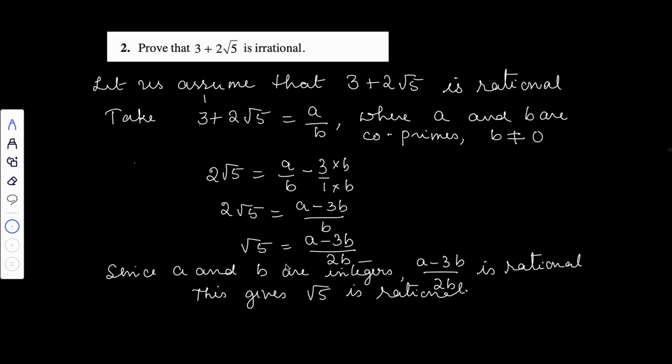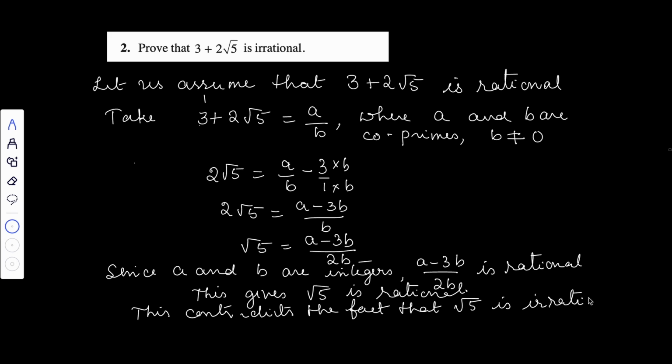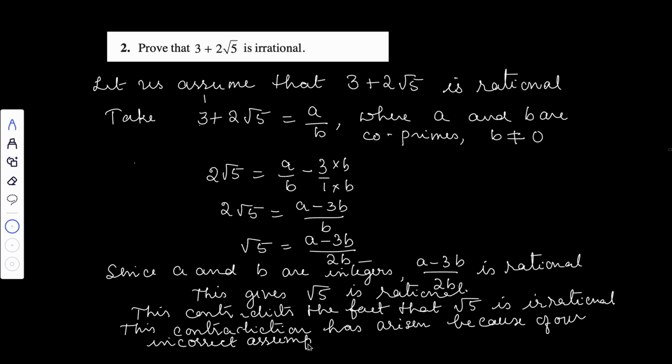But this one contradicts the fact that root 5 is irrational. And this contradiction has arisen because of our incorrect assumption. Therefore, 3 plus 2 root 5 is irrational.